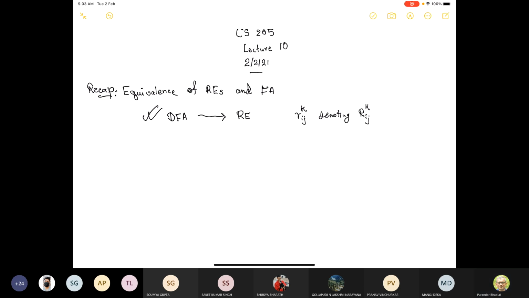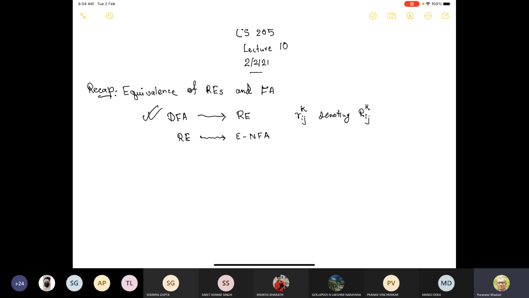We'll take a regular expression and we'll arrive at a finite automaton, and it'll turn out that it's easier if we use epsilon NFA to do that. And this is the only reason why epsilon NFA were introduced, because it makes this proof easier.